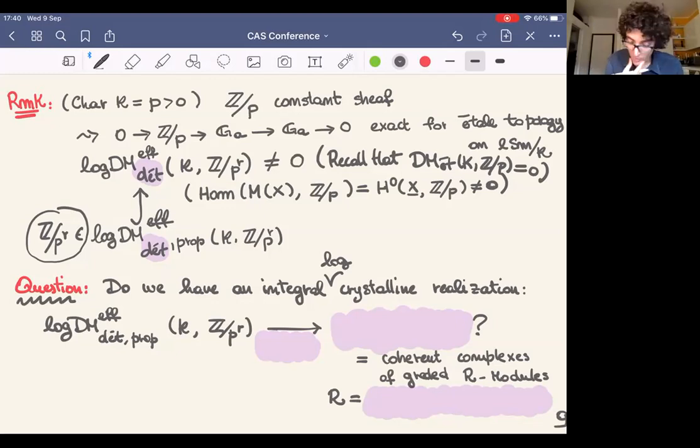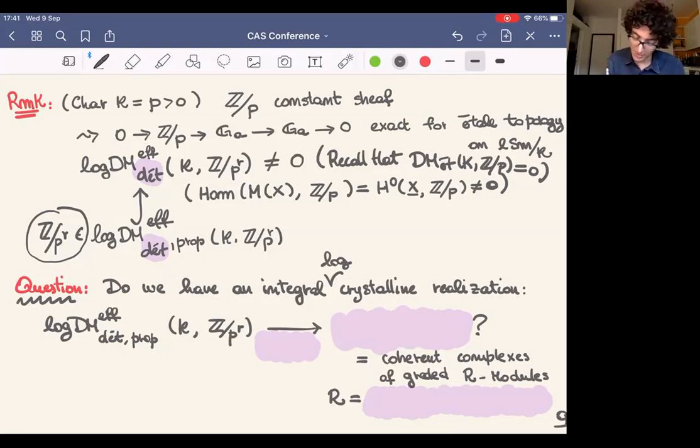This would be somehow a refinement of the rigid realization from DM et al. with Q_p coefficients, okay? And would fit in, at least conjecturally, the same square, but Milne and Ramachandran considering the category of étale motivic complexes.